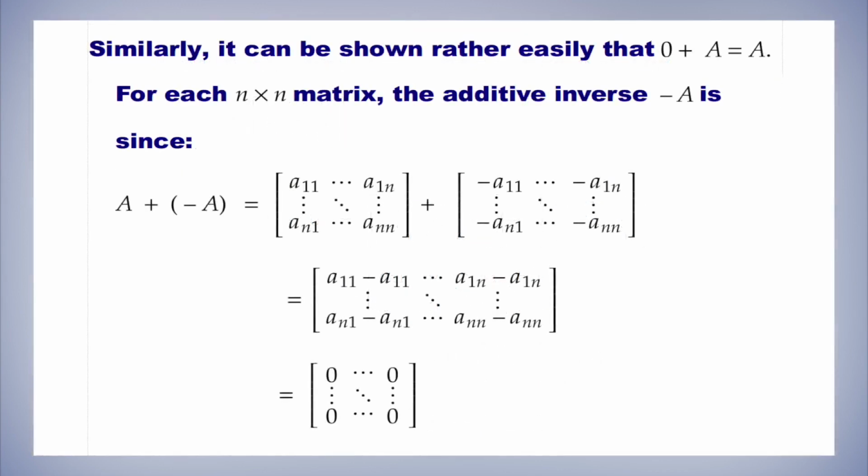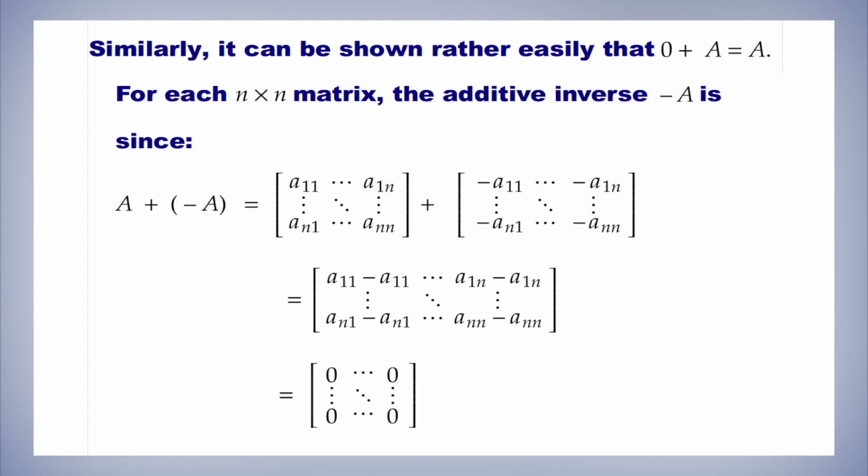Similarly, it can be shown rather easily that 0 plus A is equal to A. For each n by n matrix, the additive inverse minus A is, since A plus minus A is equal to, the A is A11, A12 and so on to A1n, and like this An1, An2 and so on to Ann.